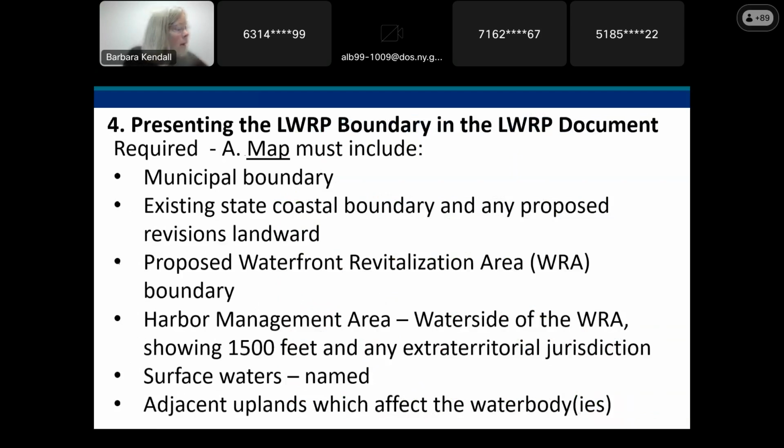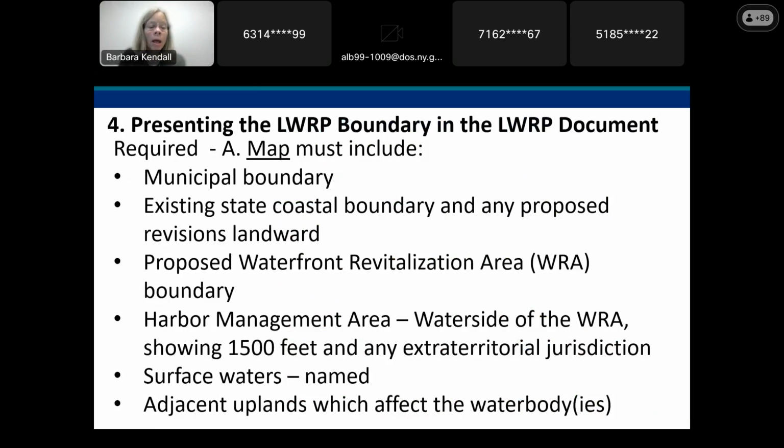So how do we then present that boundary in the LWRP document? First, you have to have a map, and that has to show the municipal boundary, the existing state coastal boundary, and proposed revisions.